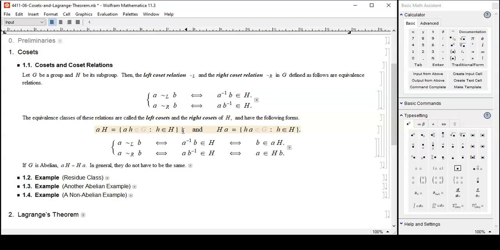Multiplication is to the left-hand side of capital H. And the other way around, the multiplication is now on the right-hand side of capital H, the form HA, where h is a member of capital H. And those form the equivalence classes of the right coset relation. Basically, we have to prove this. You see, A is related to B, which is, of course, this by the definition. That means B belongs to the equivalence class of A.